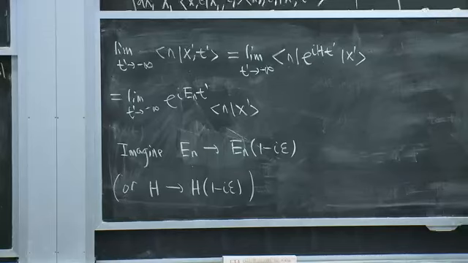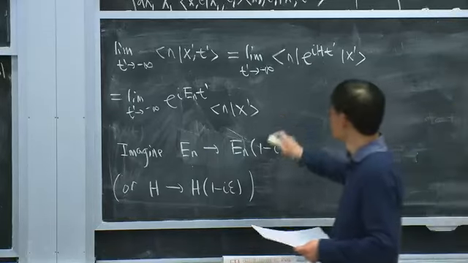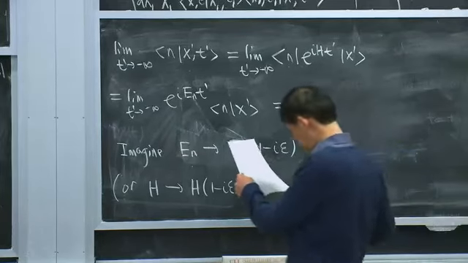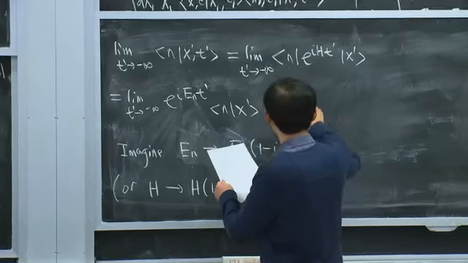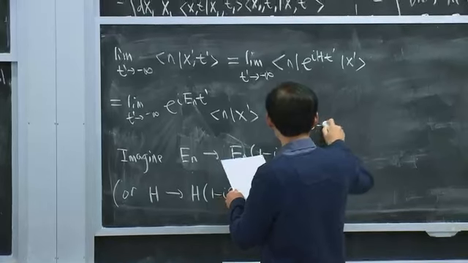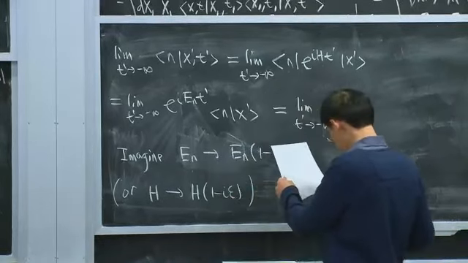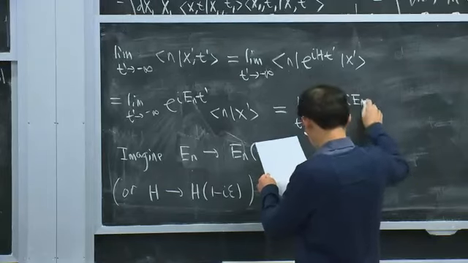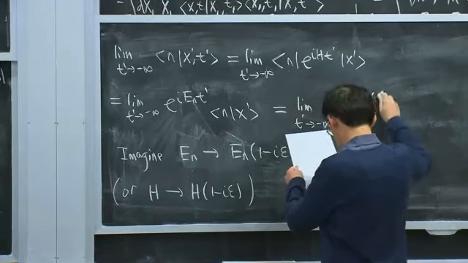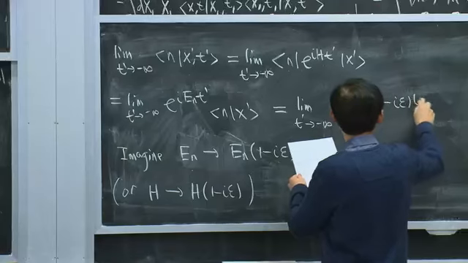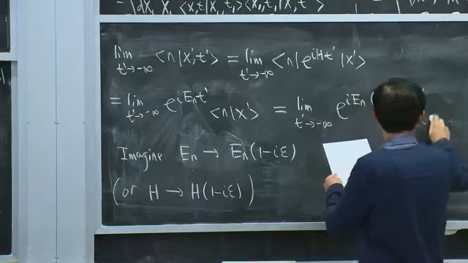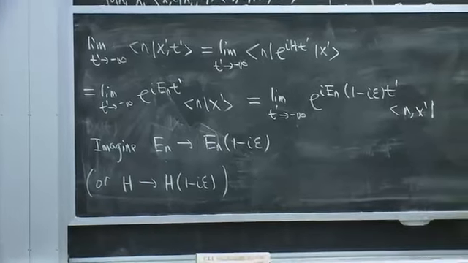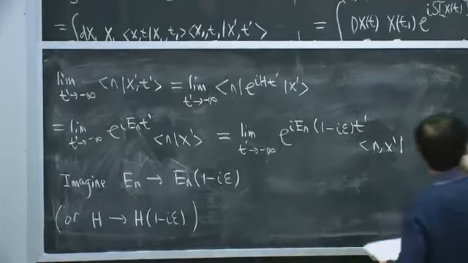So now with this, we have the limit t' goes to minus infinity. So now we have exponential iEn(1 - iε)t' and |n><x'|. So this is just equal to that.